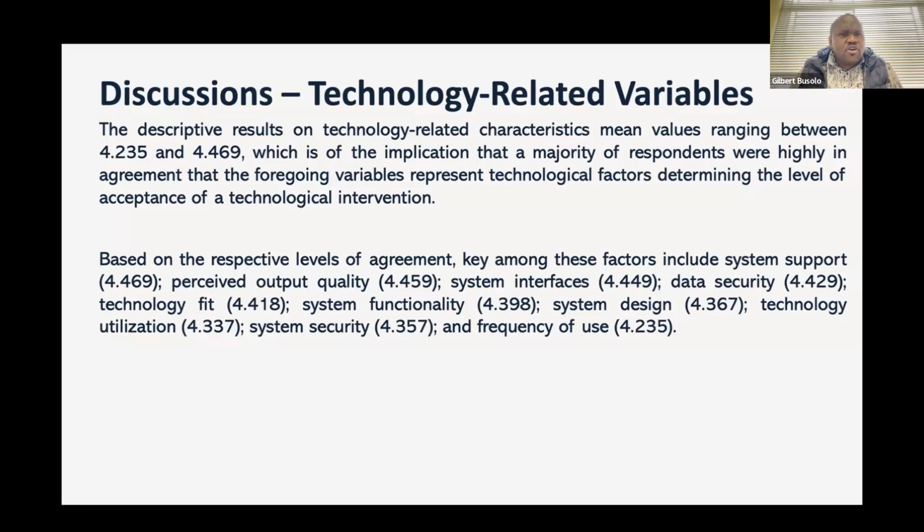The perceived output quality, when somebody believes that as I use this system the quality of my work will be higher, the level of acceptance becomes higher. The interfaces enable us to move from one menu to another, one form to another, one field to another, and that comes in very, very strongly.